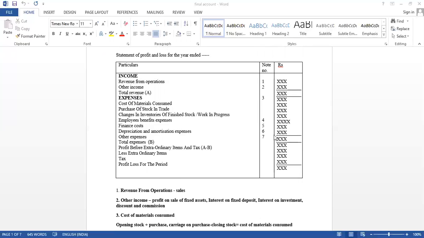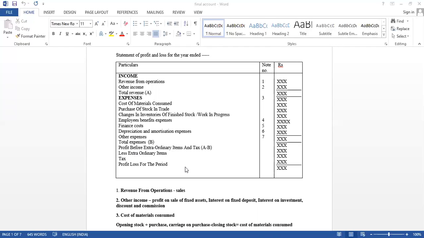We get total expenses. The difference between total revenue and total expenses is called profit before extraordinary items and tax. Afterwards, we list extraordinary items and tax. Now we get profit or loss for the period.